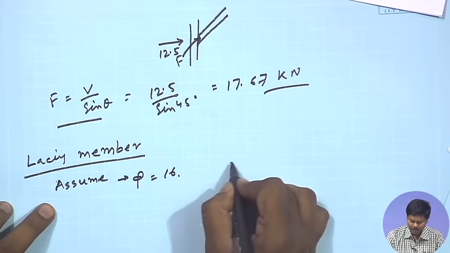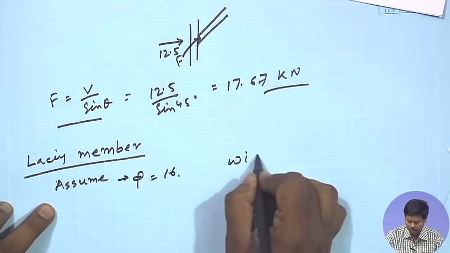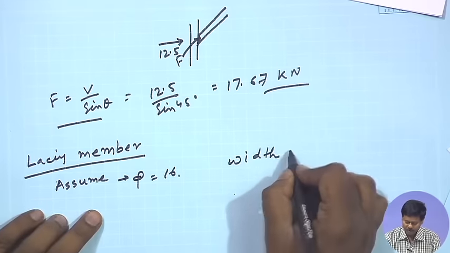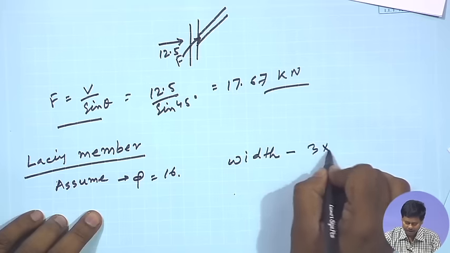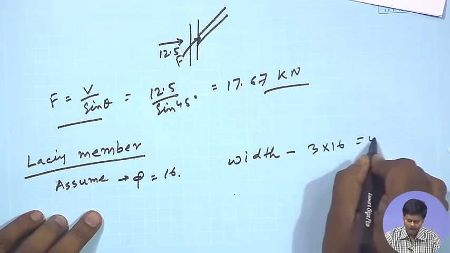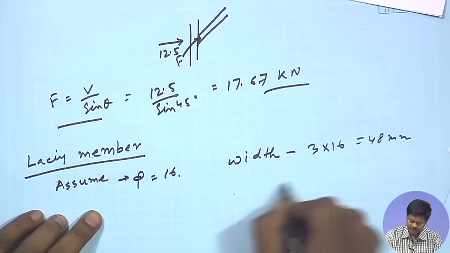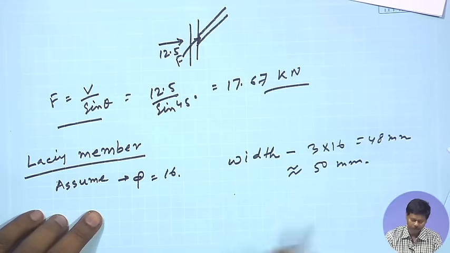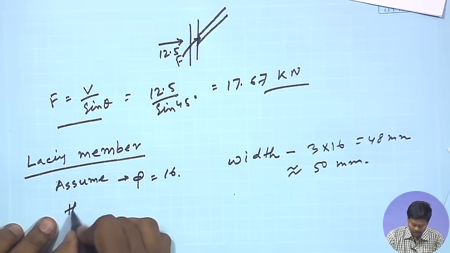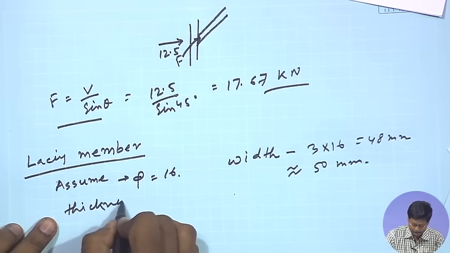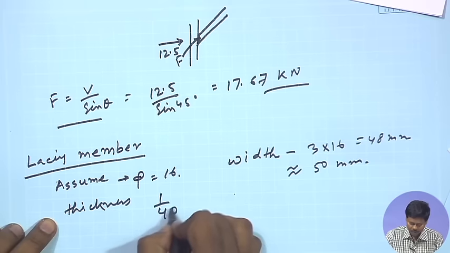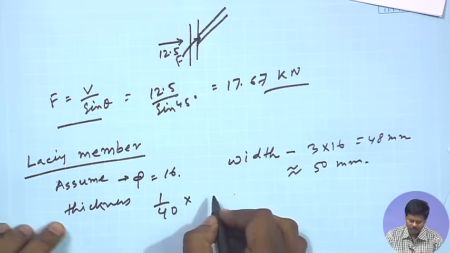So the minimum width, as per clause 7.6.2, minimum width will be 3 into 16, okay, 48 mm. That means we can provide say 50 mm width, and thickness, we know that for single lacing system, it will be 1 by 40 into length between two plates.